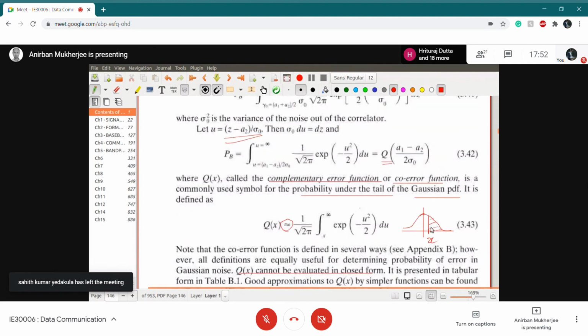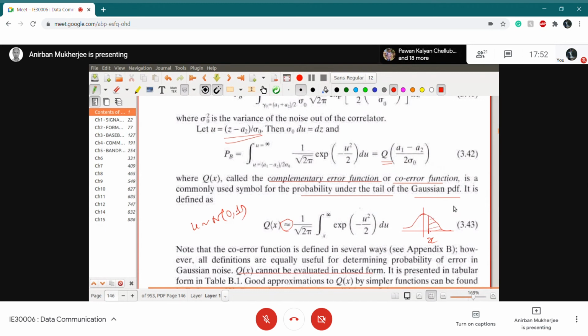Please remember, Q(x) is defined for a standard normal variable, a normal distribution with 0 mean and 1 variance.